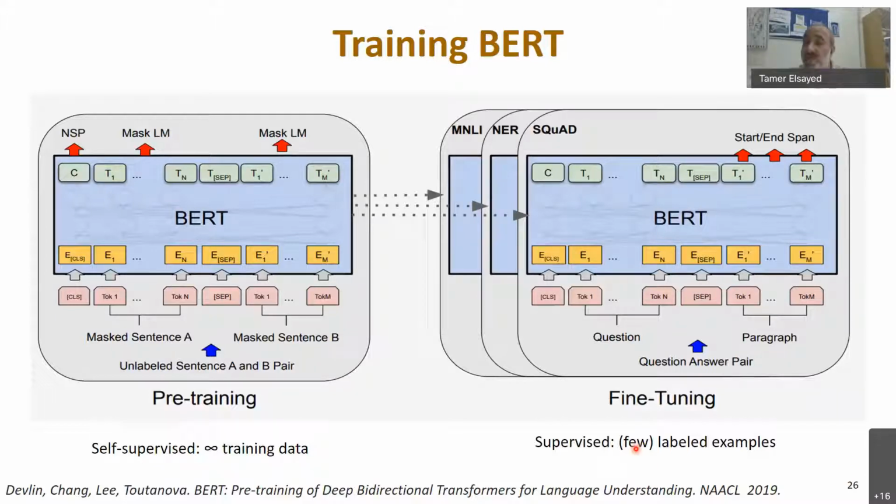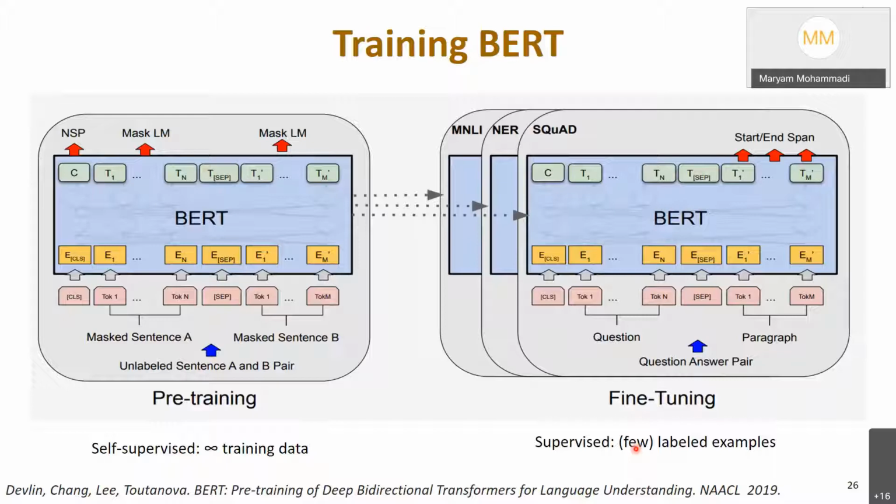I will fine-tune it on labeled sentiment examples, and that will be done offline. Now I have a model that is specific for sentiment analysis. When I use it in reality, I will use it online, of course. Training is done. Is that clear now, Mariam? Yes. Okay.